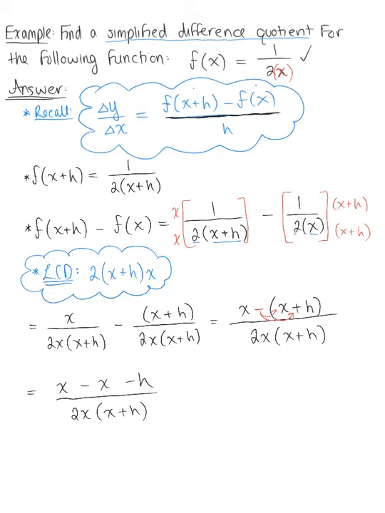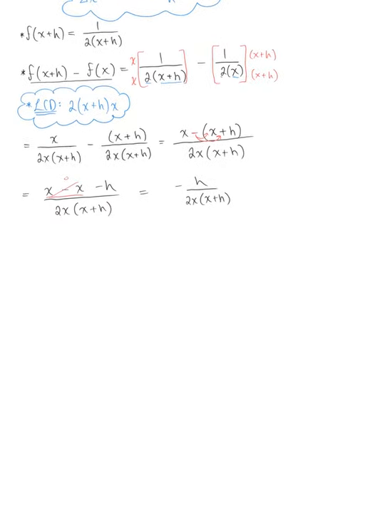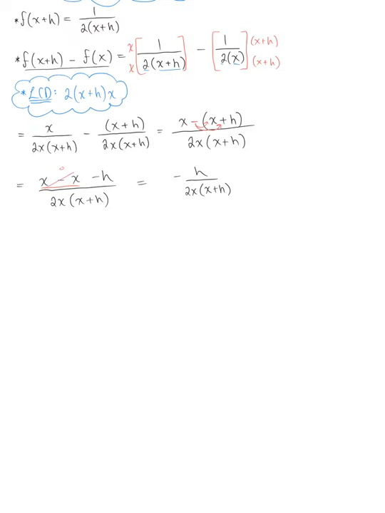And so we see we have like terms here that can cancel. Positive x and a minus x combine to 0. So we are left with the simplified rational expression minus h divided by 2x times x plus h. So that's our numerator here of the difference quotient. That was our f of x plus h minus f of x.